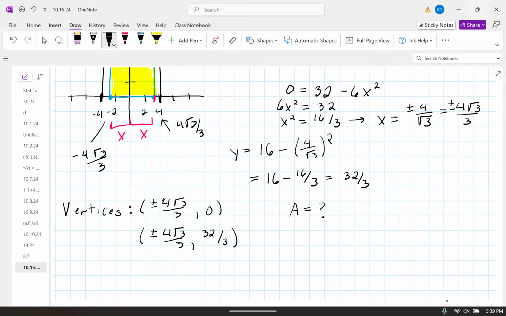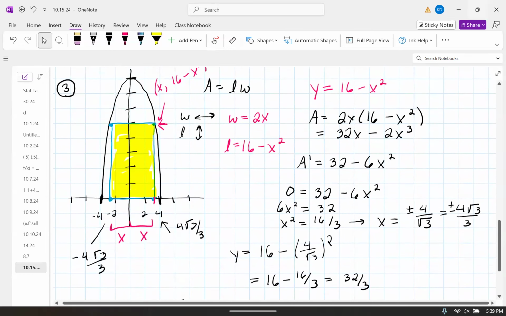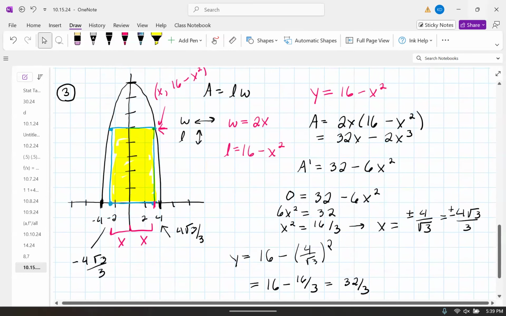You're close, but not quite. X squared. That's good. 2x. Yeah, because what you gave me was the right half of my rectangle. We have 2 sides, so don't forget we have to double it.